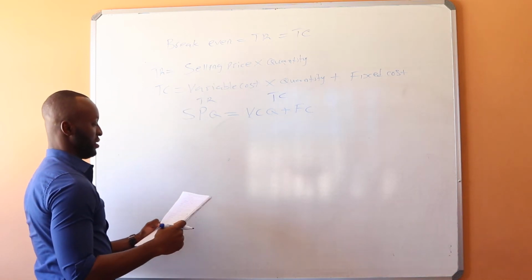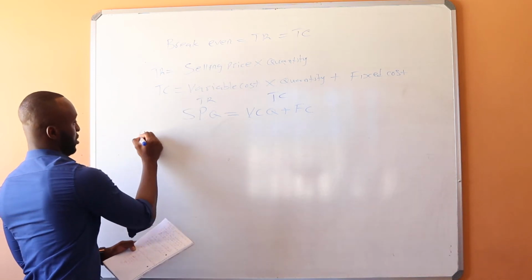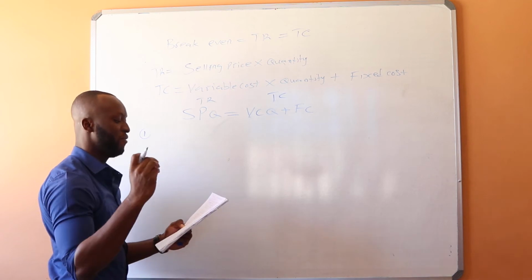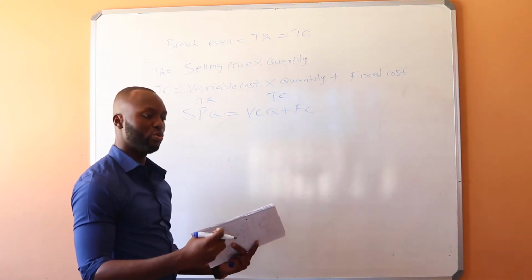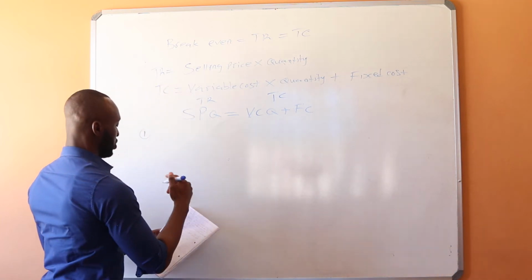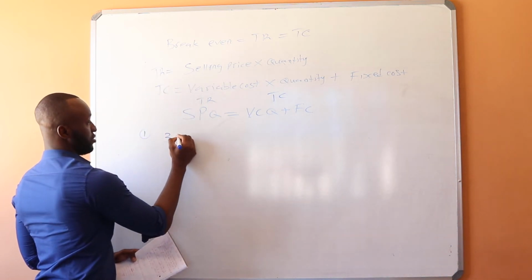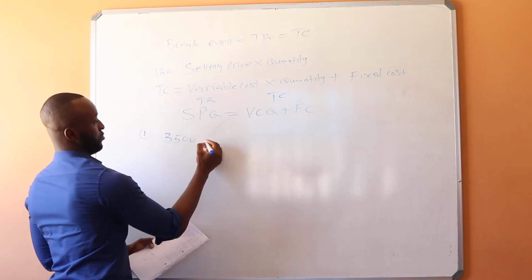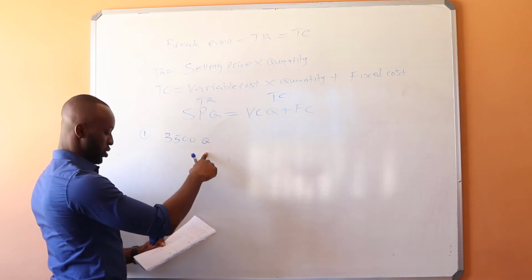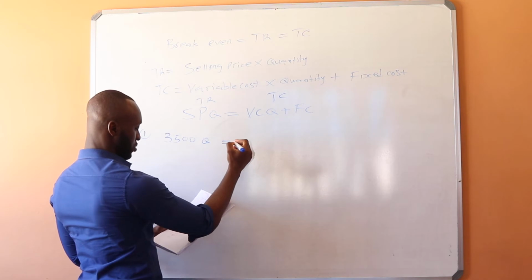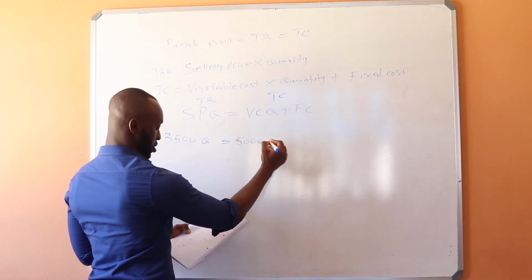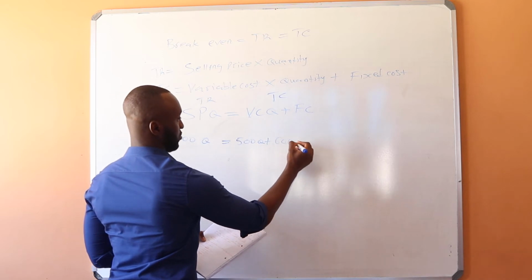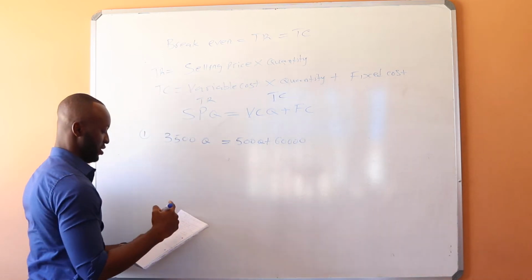The first question said we should calculate the firm's break-even level of monthly output. When you hear the word output, you need to calculate the quantity. So you're going to have 3,500 Q, because we don't know the quantity, is equal to 500 Q plus 60,000. Remember, this is in dollars.